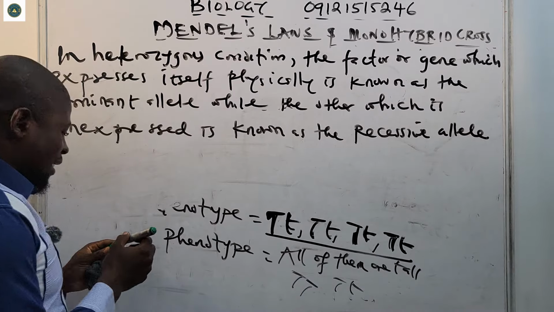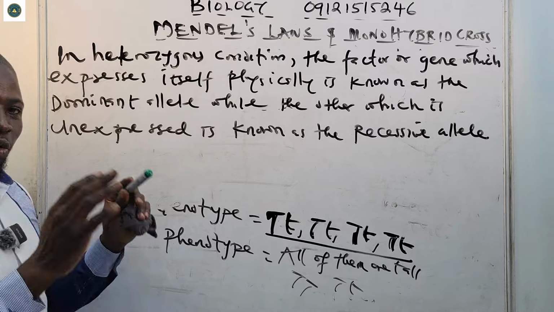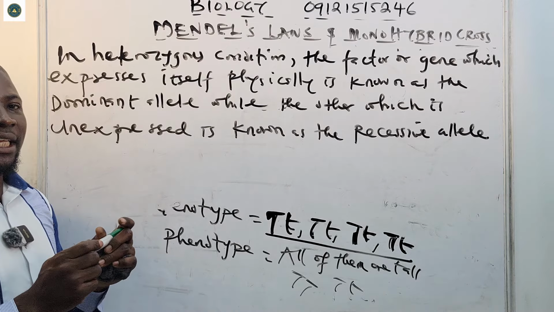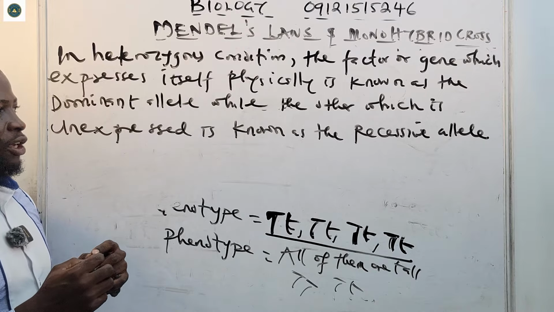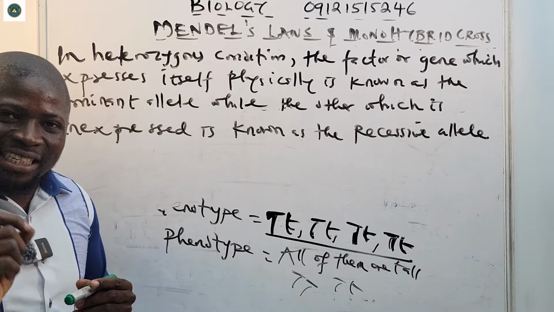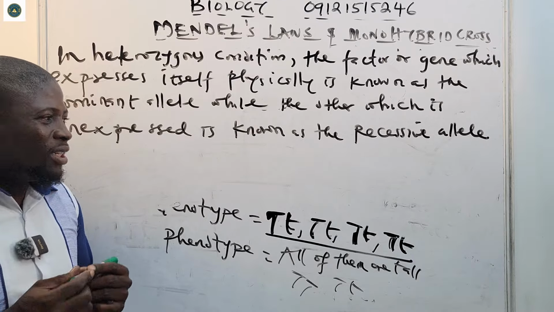All right. So Mendel's law of dominance: he said that in heterozygous condition, the factor or gene which expresses itself physically is known as the dominant allele, while the other, which is unexpressed, is known as what? As the recessive allele.